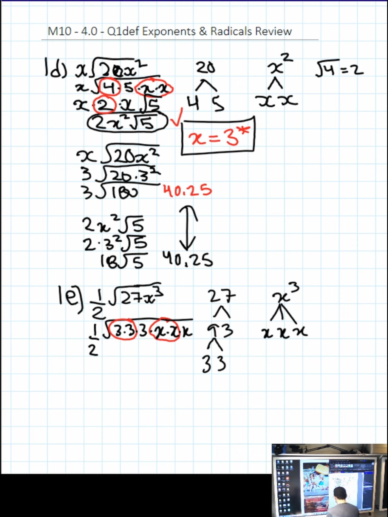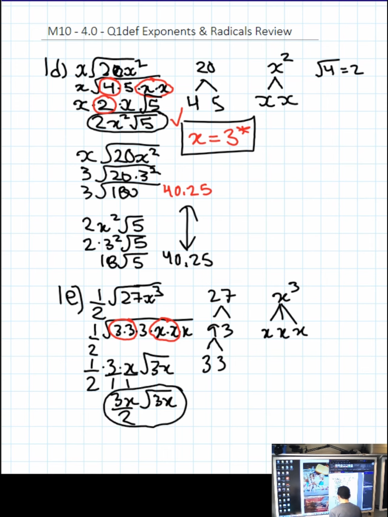Because we have two 3's underneath the square root, one 3 comes out. We have two x's underneath the square root, one x comes out, and we're left with 3x. Then the 3 is over 1, the x is over 1. We can multiply the tops, we get 3x. We can multiply the bottoms, we get 2 root 3x.